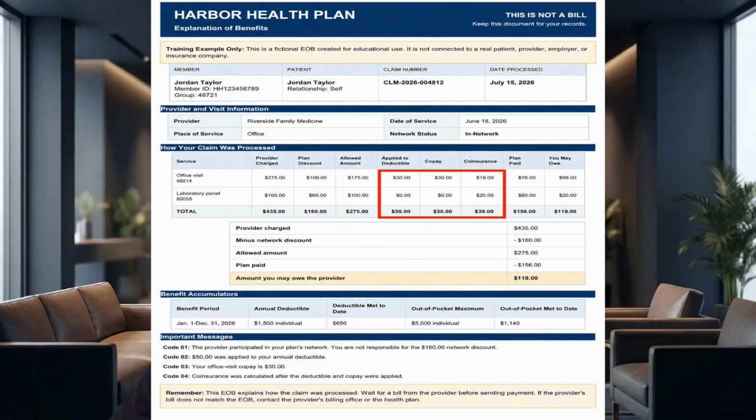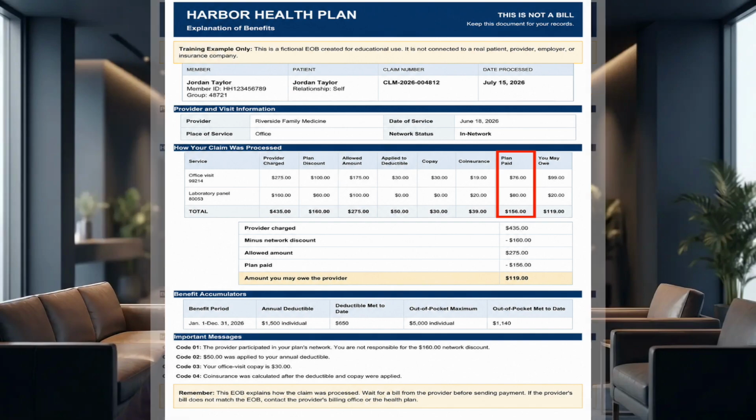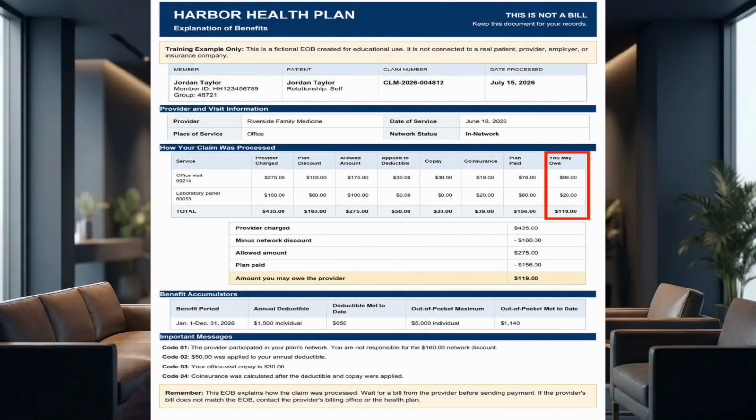But now look at the laboratory panel. There wasn't a deductible. There wasn't a copay. There was $20 in coinsurance. Insurance paid $80. When we total everything together, insurance paid $156, and the patient may owe $119.